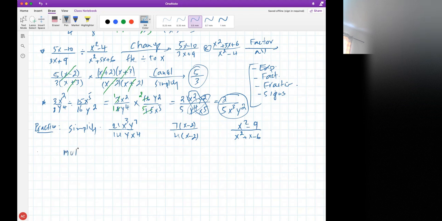And also some multiplication. Multiply, divide the following.